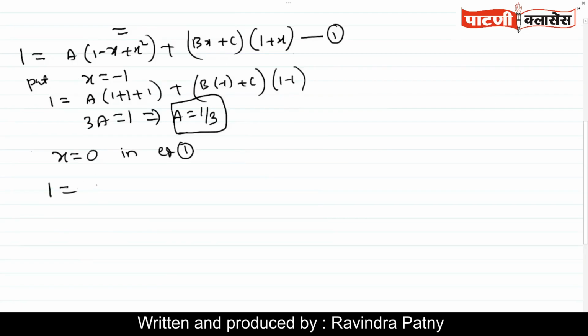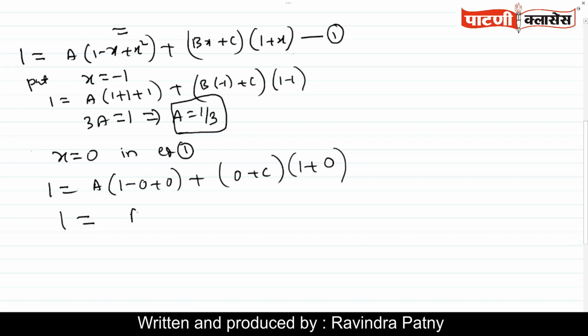If I put x equals 0, then a into 1 minus 0 plus 0, plus 0 plus c into 1 plus 0. So 1 equals a plus c. But already a value is 1 by 3. Therefore 1 upon 3 plus c, putting the value of a equals 1 by 3. So we get c equals 1 minus 1 upon 3 equals 2 by 3. Therefore c equals 2 by 3.